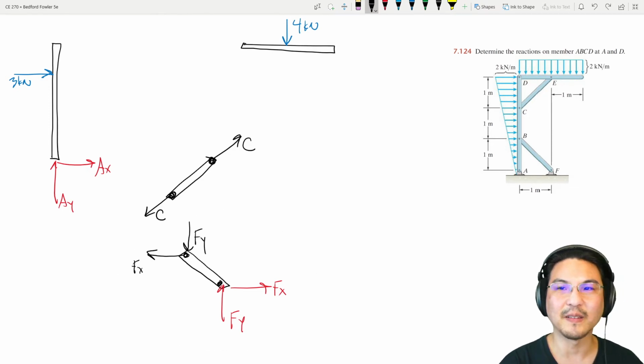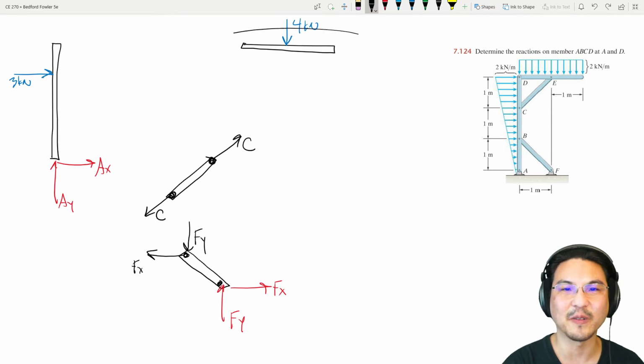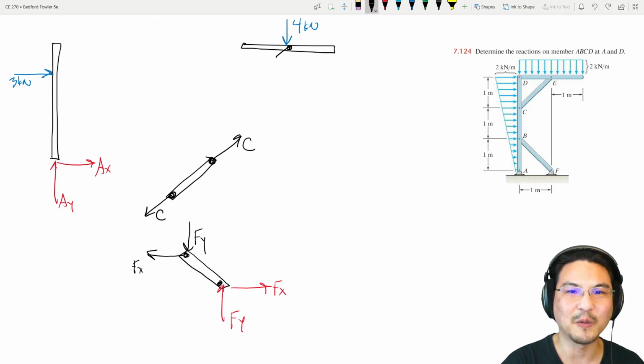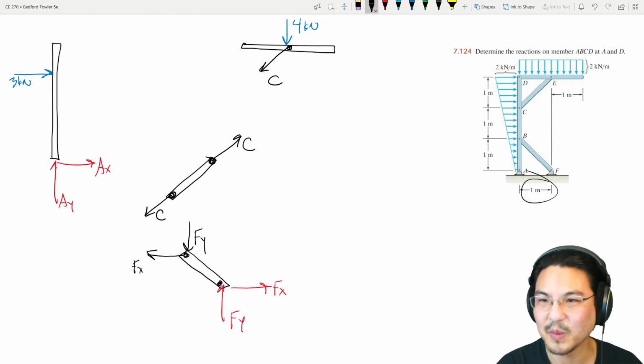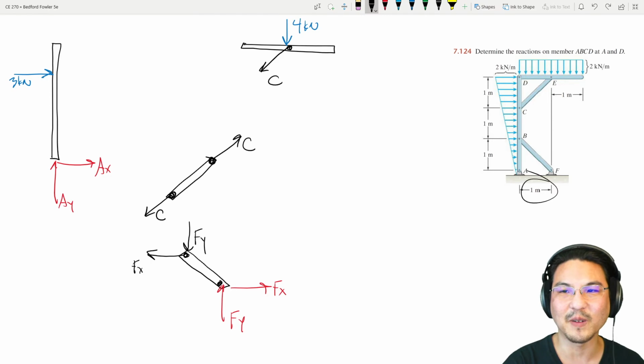Okay, and then where else do we have? For this one, this point is connected to this point. So this is equal and opposite. So these are equal and opposite. And let's see, this is 1 meter, 1 meter. Okay, so that's 45 degrees. And then, where else? Oh, over here.